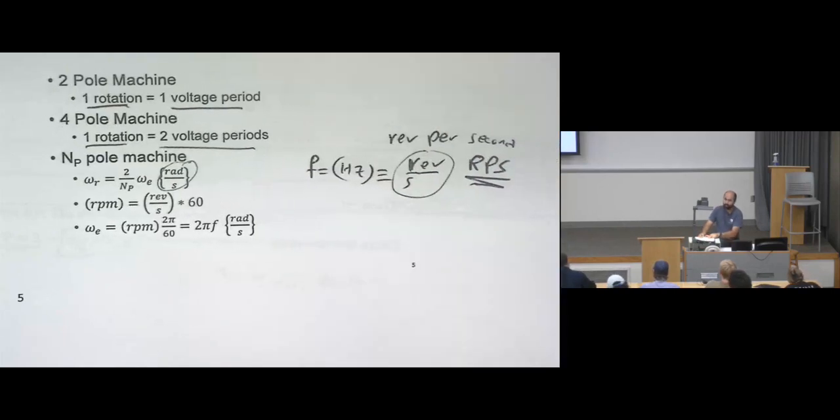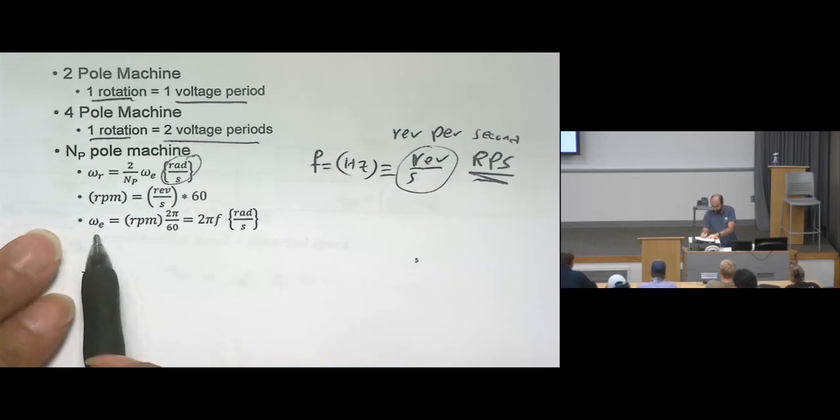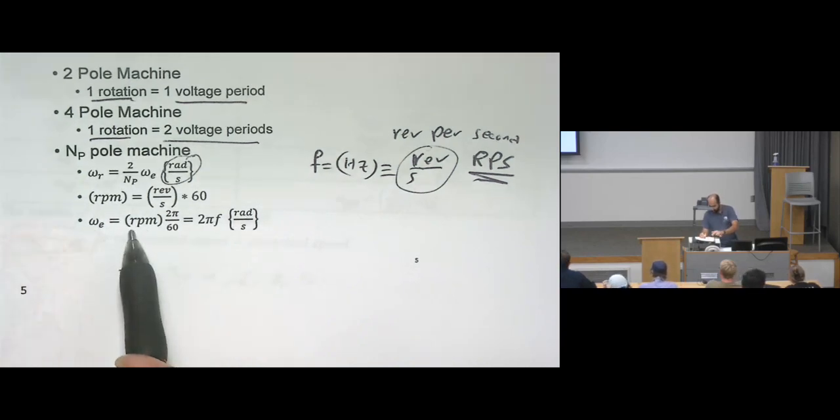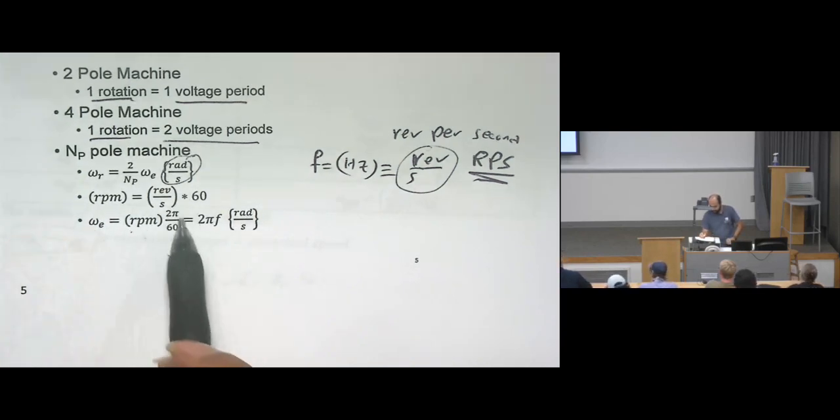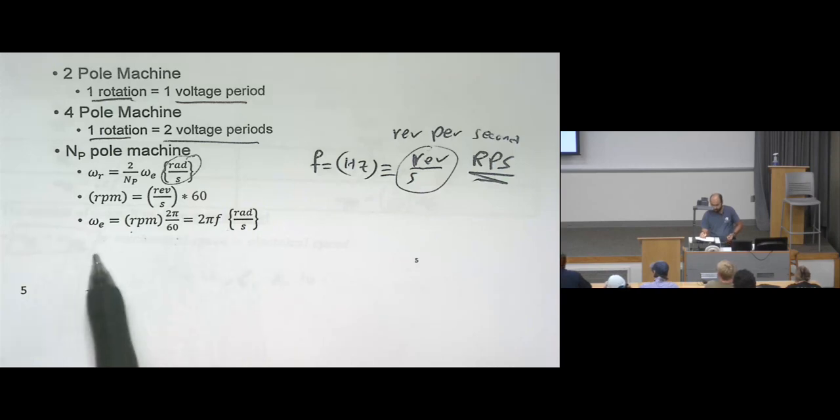When I say the speed is 60 RPS, then I can say that the frequency is also 60 hertz or RPS. So again, the frequency here is related to the speed every time. Then omega electrical is equal to RPM times 2 pi divided by 60, times number of poles over 2.